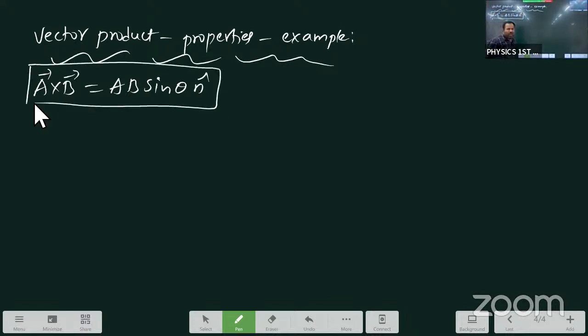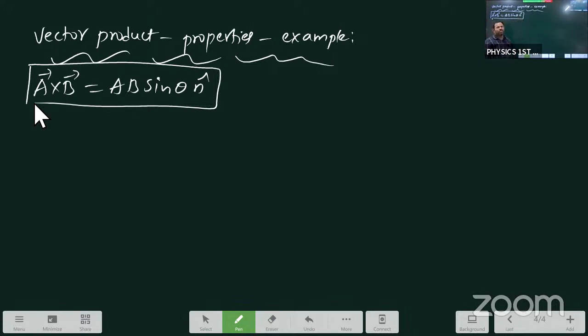What is the meaning of the vector product definition? Vector product means nothing but magnitude of 2 vectors with sine of the angle between them. Vector product is also called cross product. Cross product of 2 vectors always equals the magnitude of 2 vectors with sine of the angle between them.